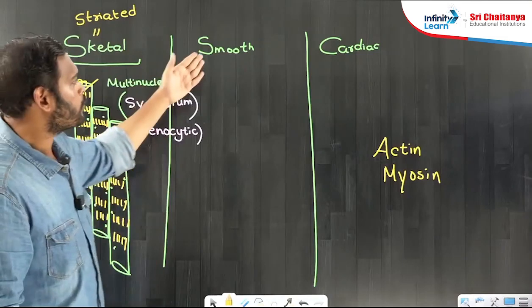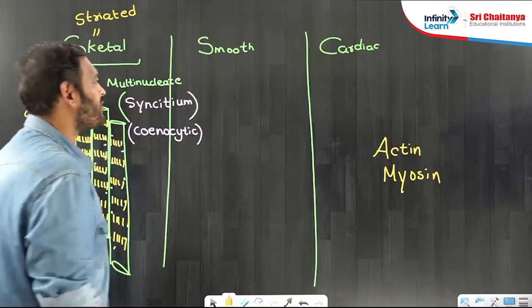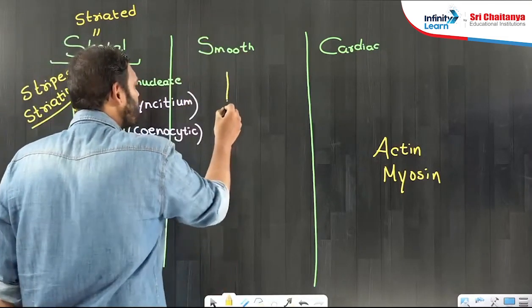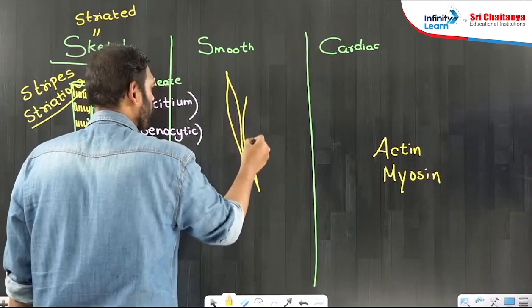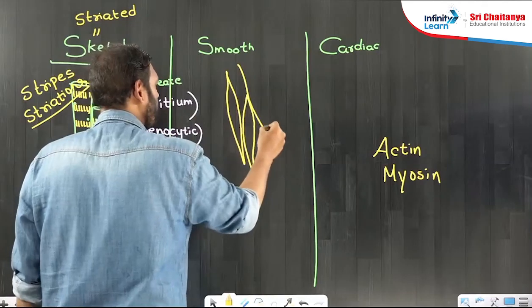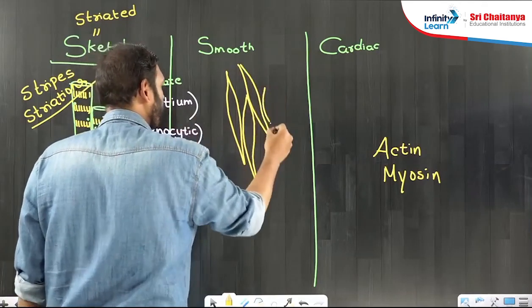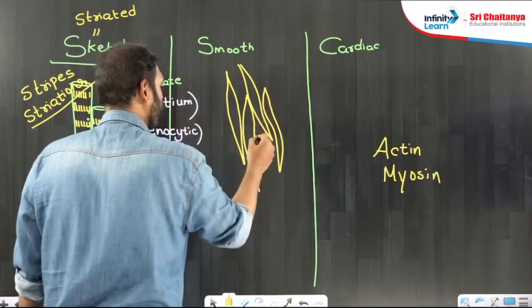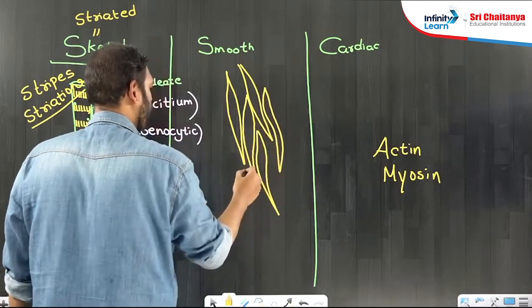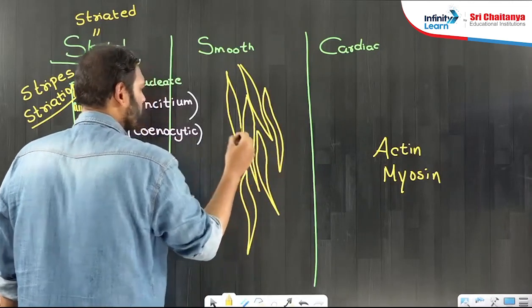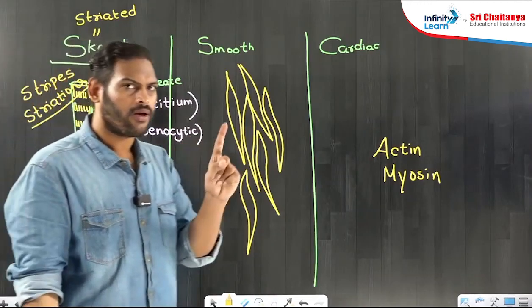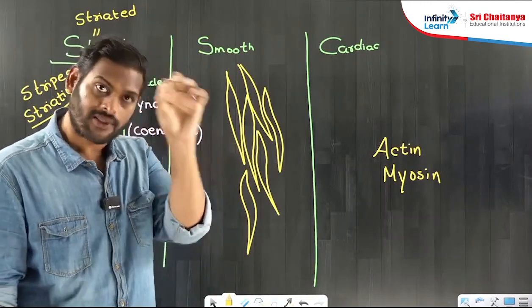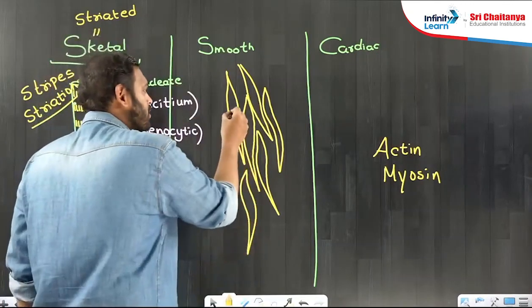Coming to smooth muscles, these are spindle shaped, like this. Bundles. These are spindle shaped with only a single nucleus, and that too at the center.